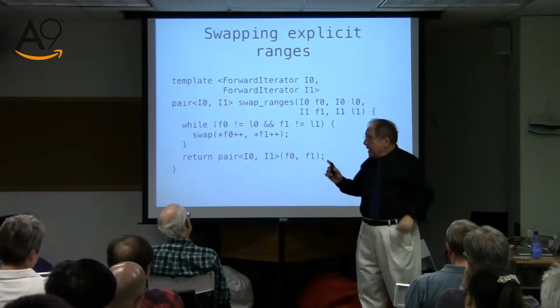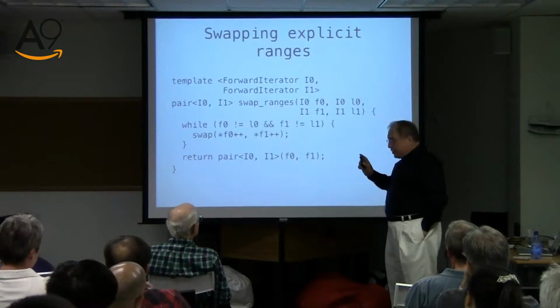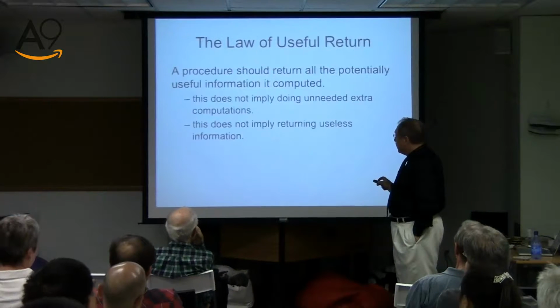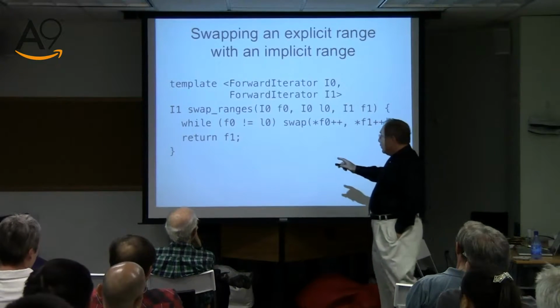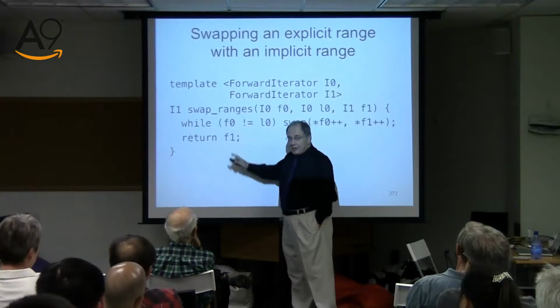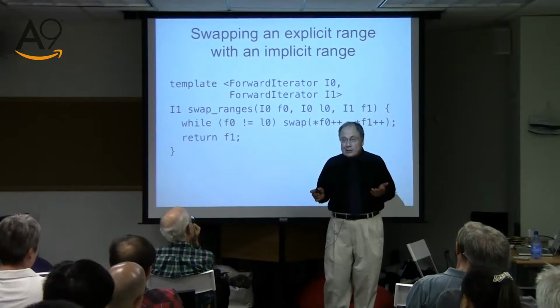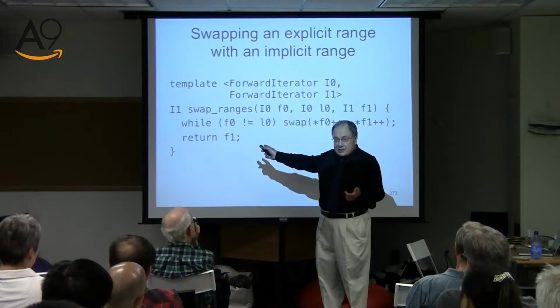Very simple. Now, what do we have to return? As before, we had to return one guy. We could have returned both, by the way. We could have returned a pair. But it is, again, useless. Why is F0 useless?